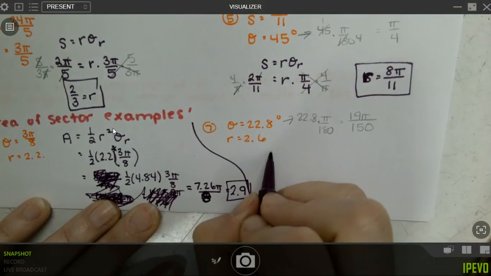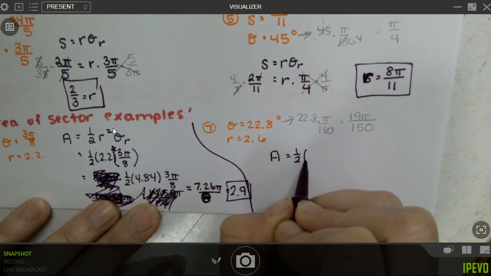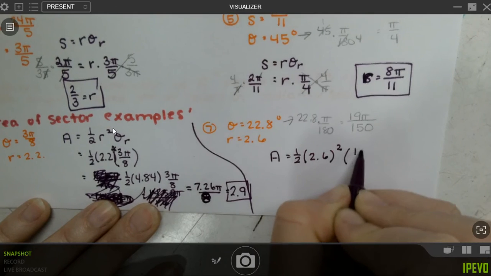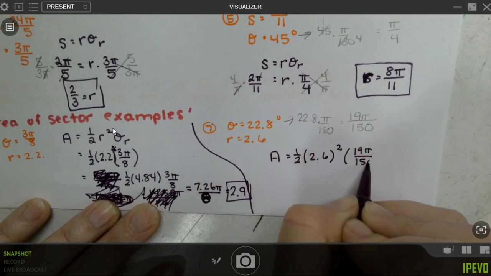Then I'm going to use the formula. So area equals 1/2 radius, which is 2.6 squared, times 19 pi over 150.